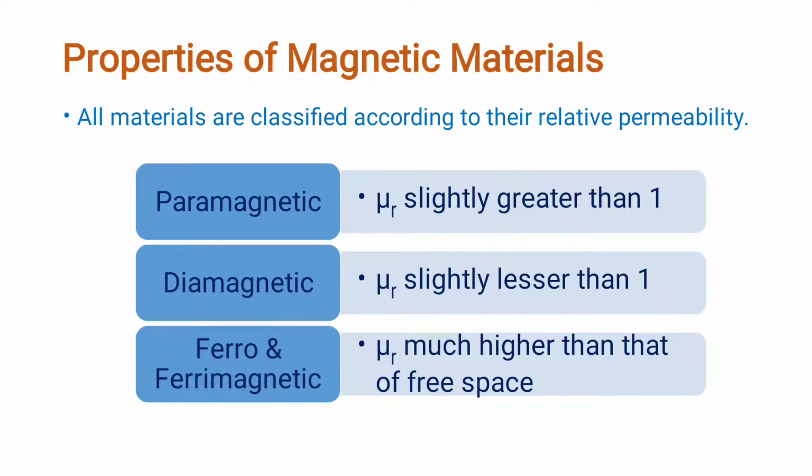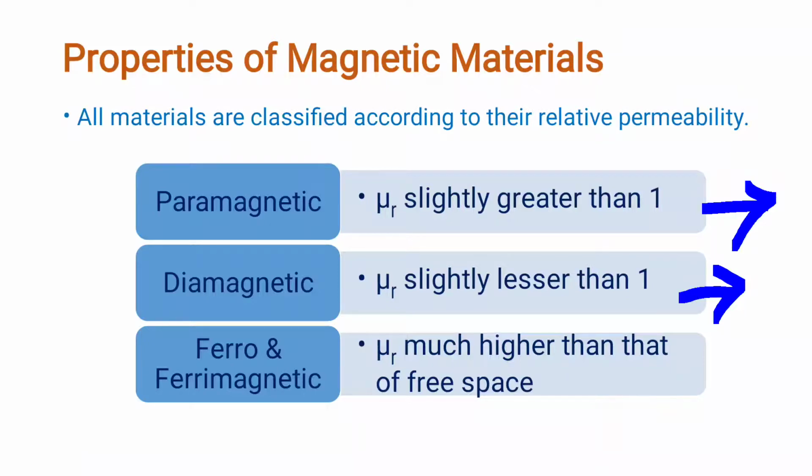Paramagnetic material is one where the relative permeability of the material is greater than 1. If the permeability is greater than 1, then that material is called paramagnetic material. A diamagnetic material is one where the permeability is slightly less than 1.